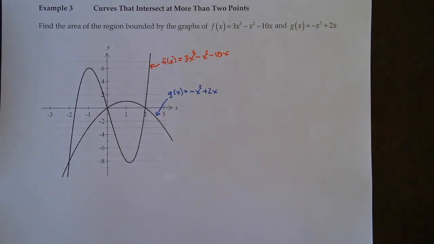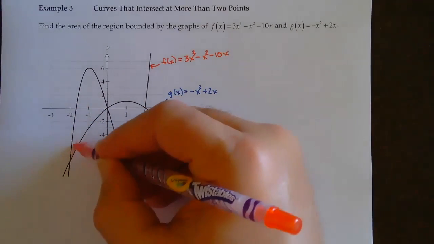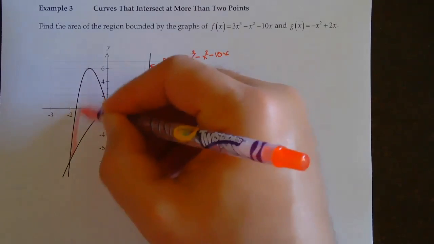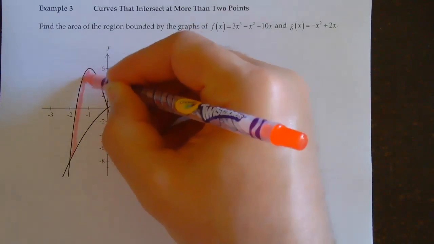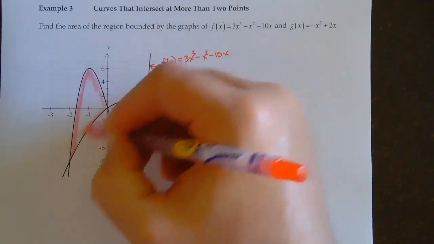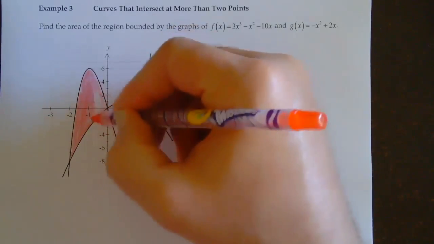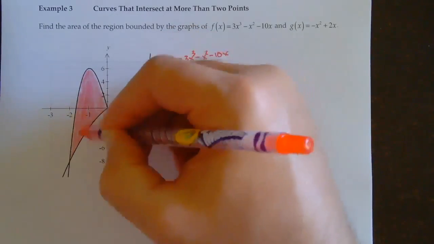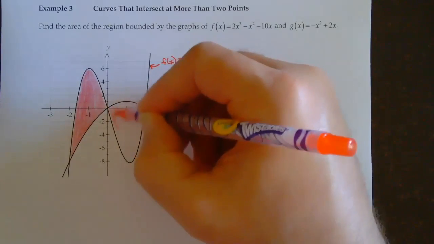All right, and then I'm going to shade in. We want to find this area, okay? And you don't have to have colored pencils. I mean, you could just use your regular pencil, okay?